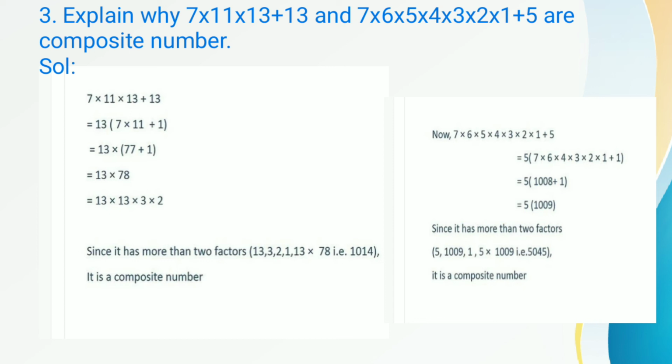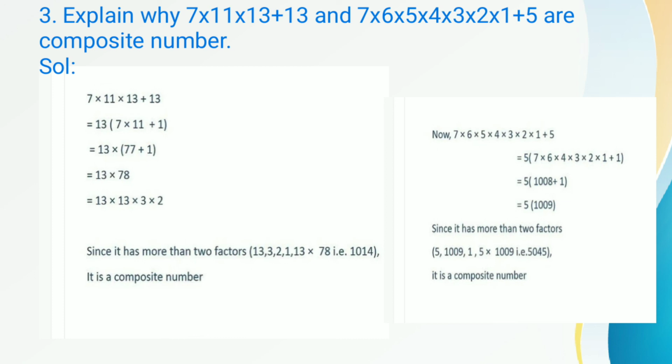So we write it as 13 into, 7 into 11 plus 1. So 13 into 77 plus 1, 13 into 78. We can write it as 13 into 13 into 3 into 2. Since it has more than 2 factors, 13 into 78, that is 1014, is a composite number.